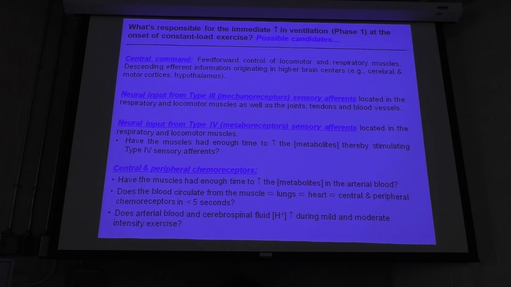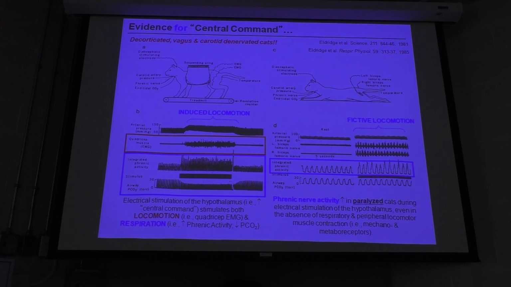Point is that we'll finish this next class, going through experimental evidence. This study is pretty cool, where they have basically a brain dead animal that they stimulate and it moves, and then they paralyze it, and then it doesn't move, and then they measure all these nerve recordings. It's pretty cool. Anyways, I wouldn't do it myself, but this is the major study that described the role for central command and control of ventilation.